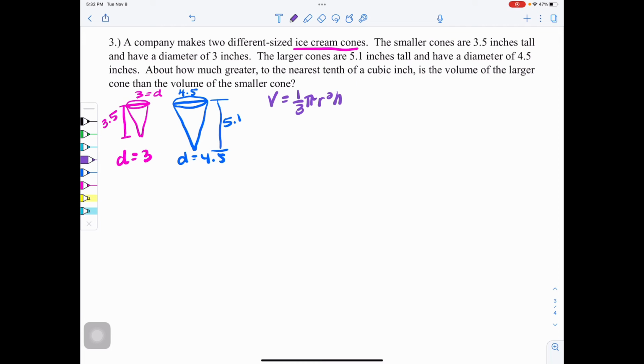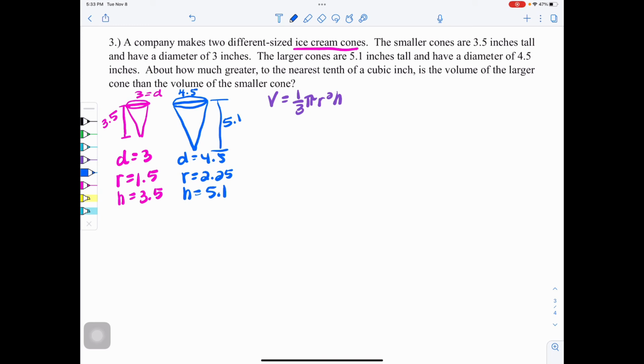So I have the right height. I don't have a radius right now. I have diameters. So remember, diameter, if you cut it in half, gives you the radius. So half of 3 is 1.5, and half of 4.5 is 2.25. And then remember, we already had the height here was 3.5, and we already knew the height here was 5.1.